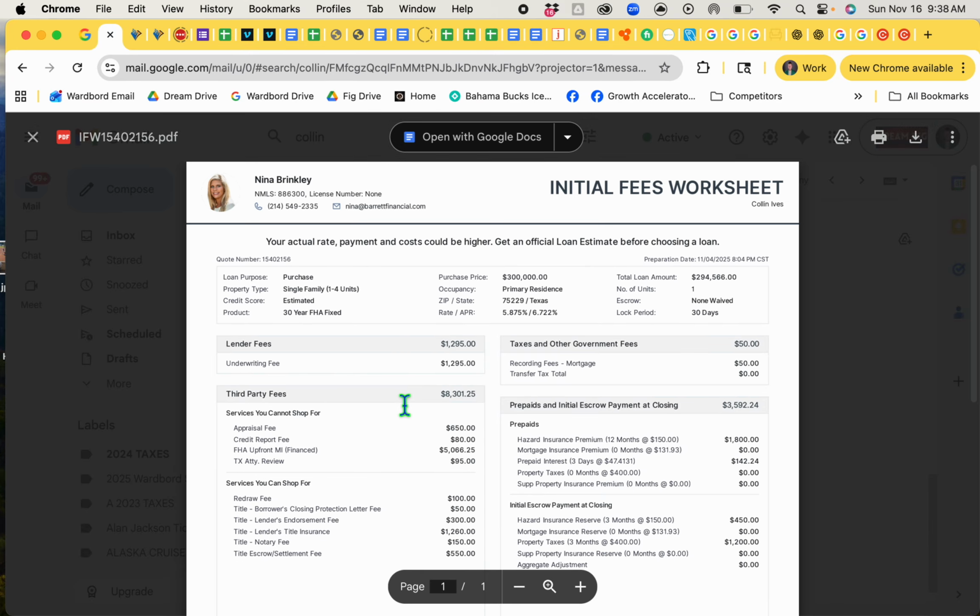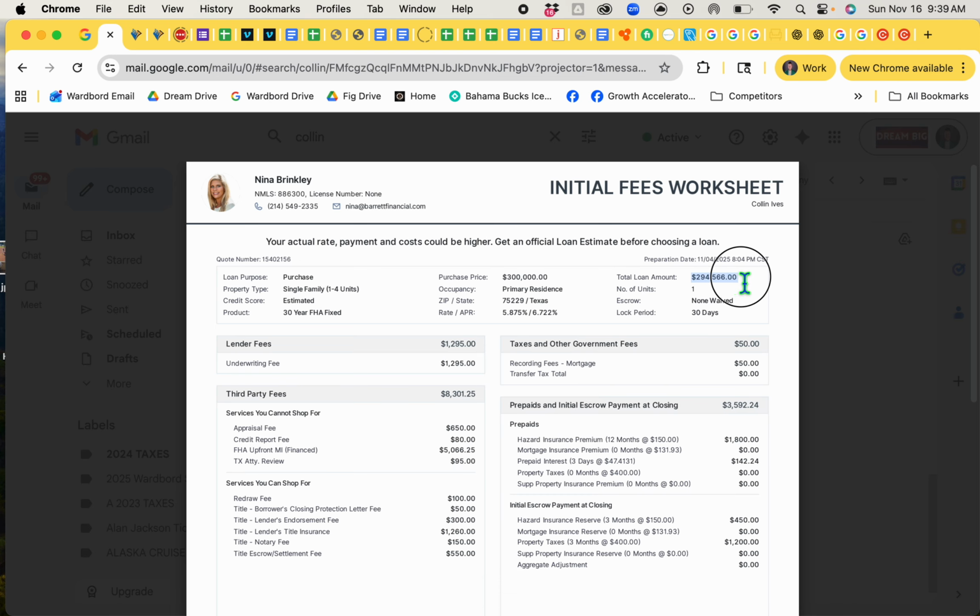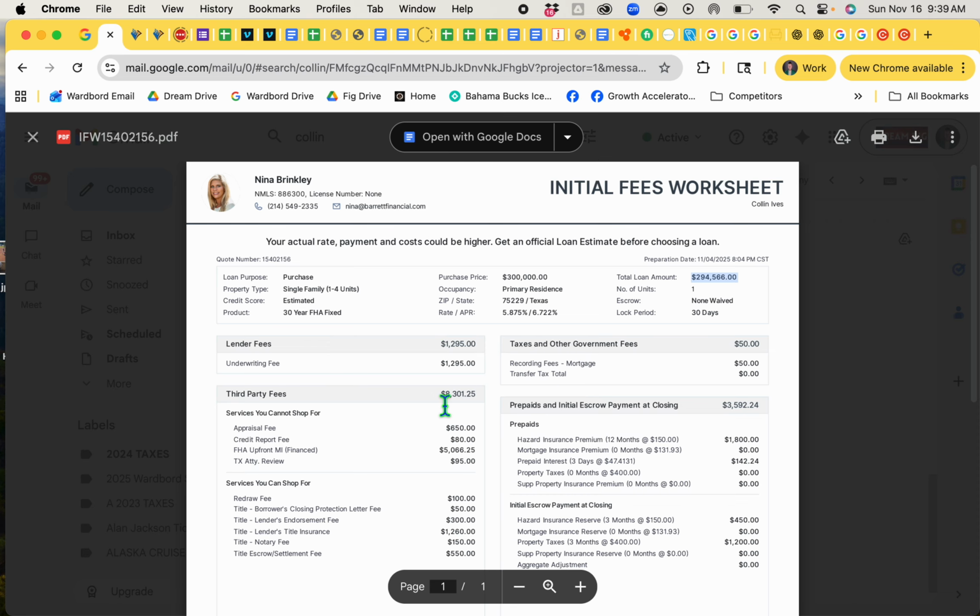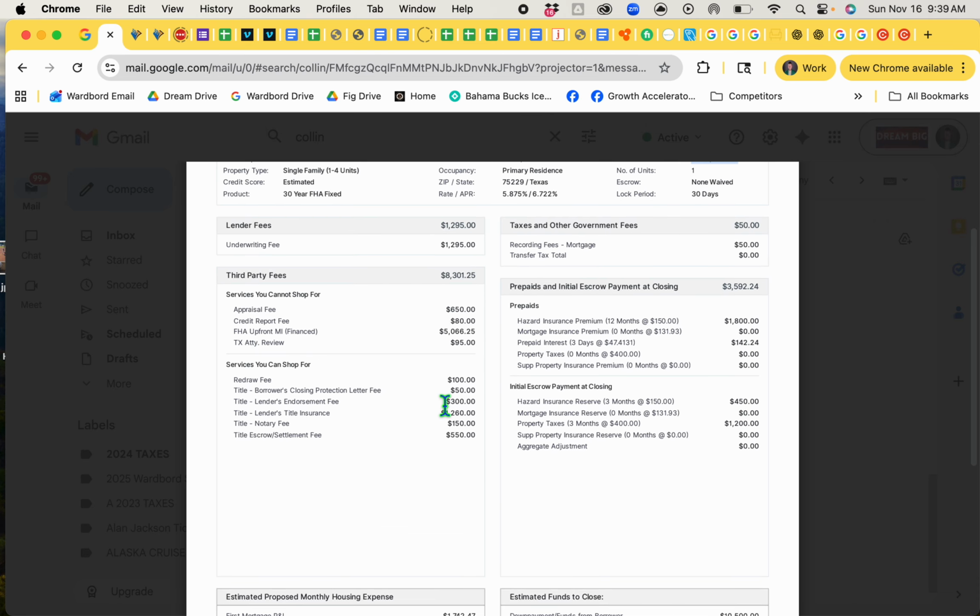But this is a worksheet for a total loan amount. Let's say you were to spend $300,000 on a house and you're doing an FHA loan, your loan amount would be about $294,000. Now we've agreed that we're not going to go that high, right? So some of these numbers, like the principal part of that loan, will go down.